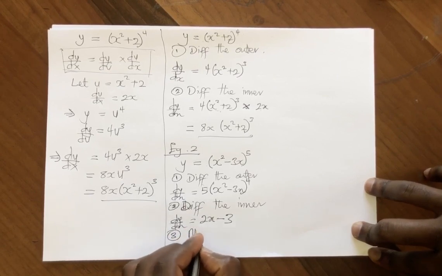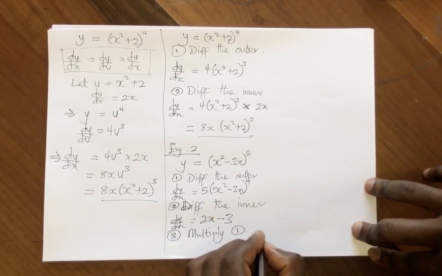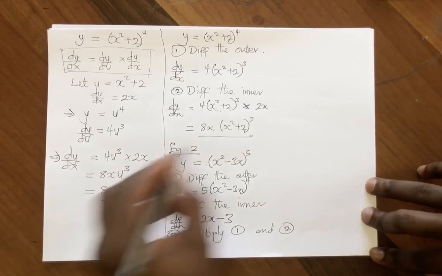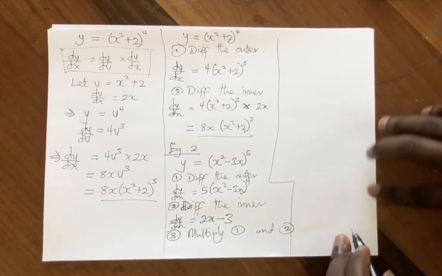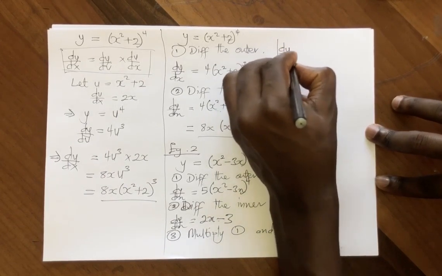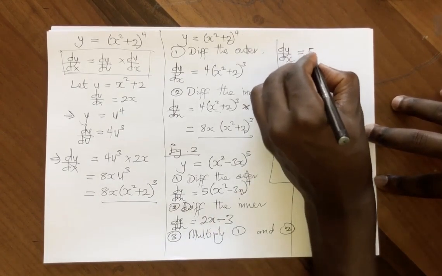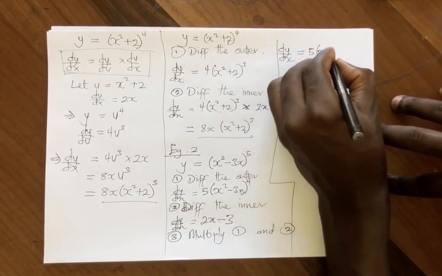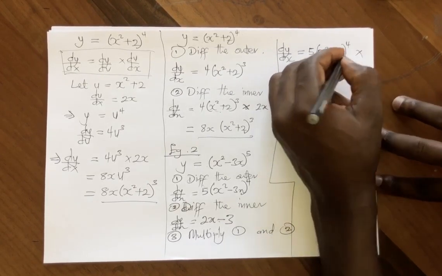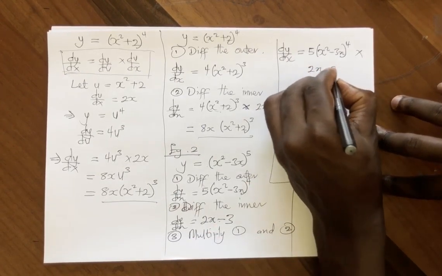So multiply 1 and 2. So this is 1, this is 2. So dy/dx is equal to what you have here, which is 5 into bracket x squared minus 3x raised to the power 4 times the inner, which you got, 2x minus 3, okay?